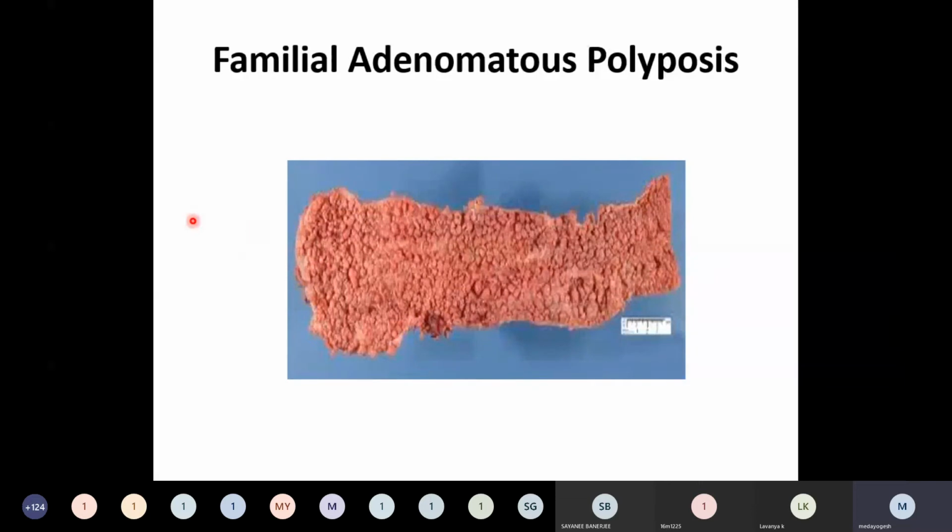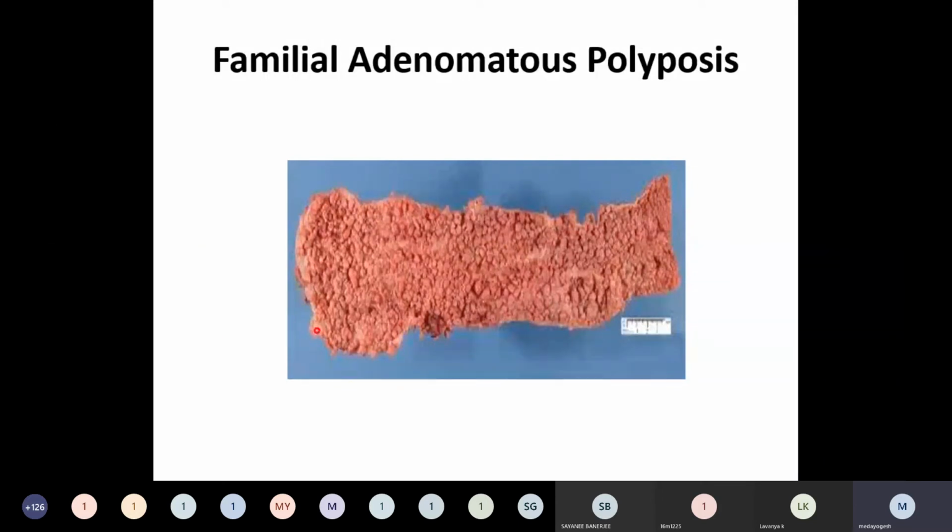Coming to an important condition in polyps, which is usually asked as a question in your exams. There is familial adenomatous polyposis, in short called FAP. This is associated with the occurrence of innumerable polyps all over the colon. Sometimes it is also associated with polyps in other organs.